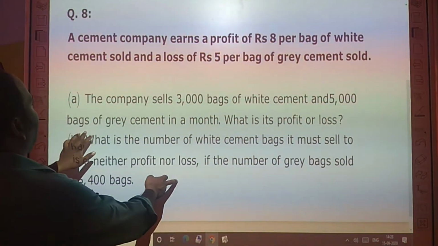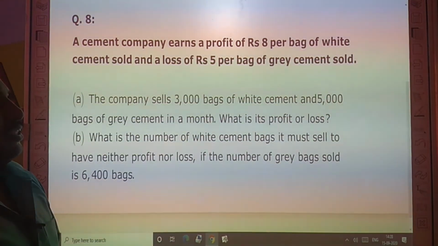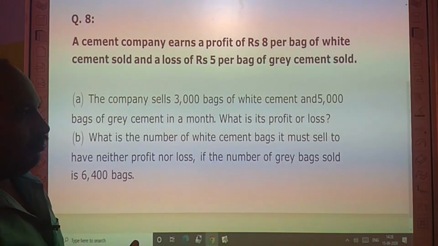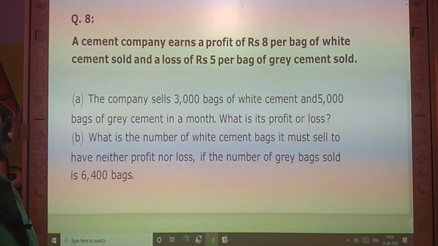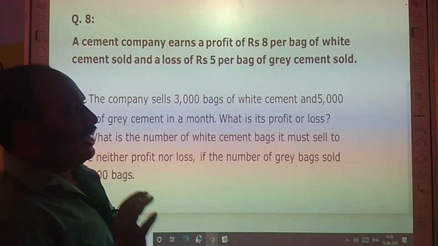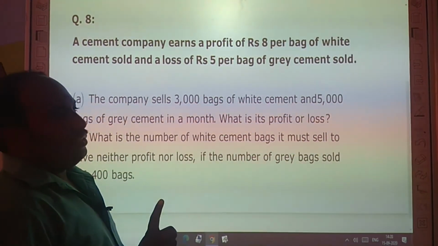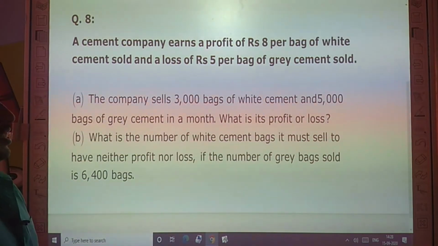Question 8. A cement company earns a profit of rupees 8 per bag of white cement and a loss of rupees 5 per bag of grey cement. White cement means profit and grey cement means loss.